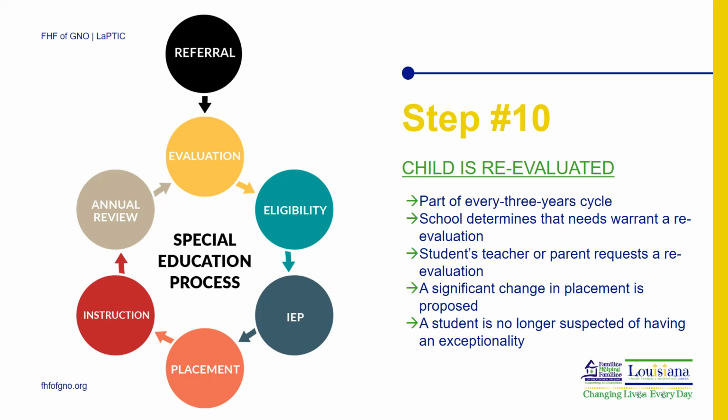A lot of times kids will have speech issues when they're young, and then they'll outgrow the issues that they were having as they develop and grow. So for that reason, they might do a reevaluation and discover that the child no longer meets the requirements for the exceptionality.